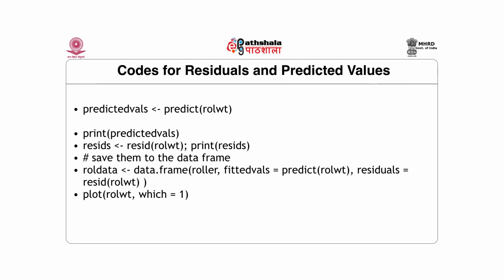Now we take that rol wt and use the function predict in order to extract the predicted or fitted values from that object. We can also extract the residuals. Very simple function again. It's just resid, and then you mention the object in which you store the linear model.